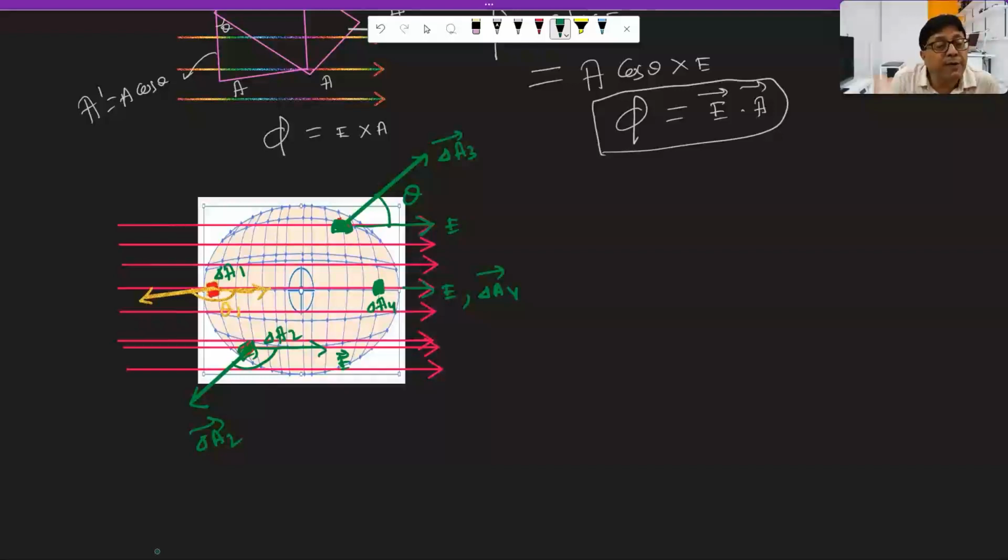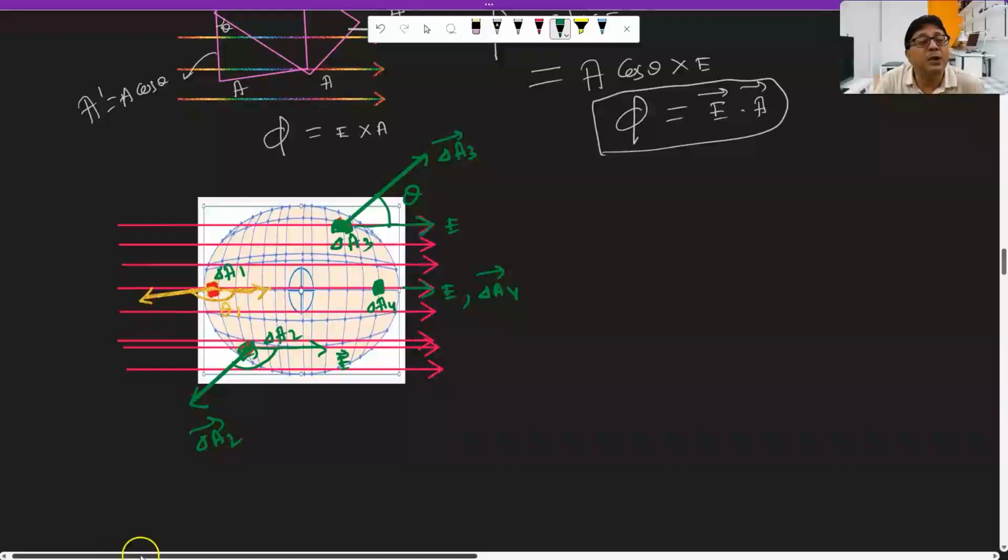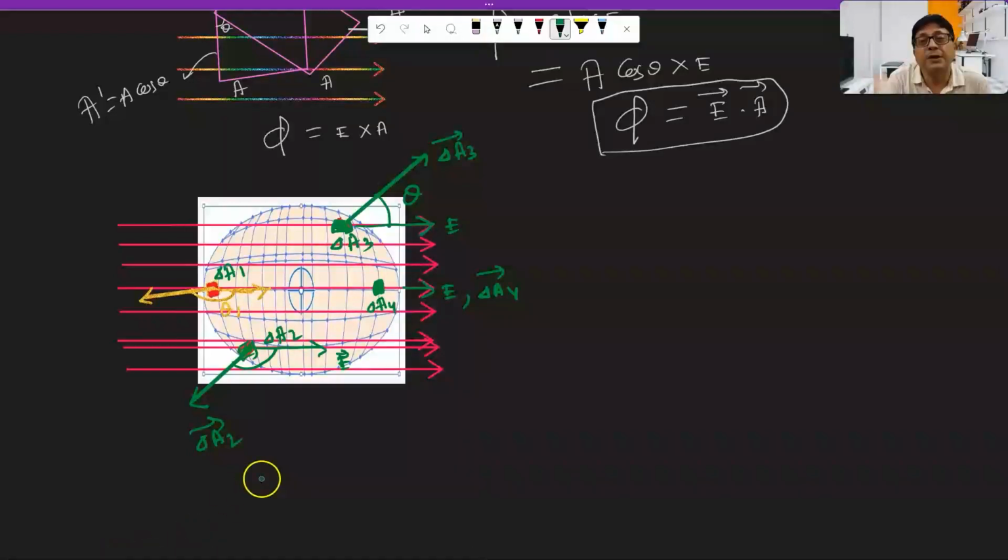Now you calculate the flux for all these, and add, not only these four, but delta A2, this is delta A3. You have to add all these. By what formula? This formula is in use, that is phi equal to EA cos theta. So here delta phi 1 through delta A1, we account for this.